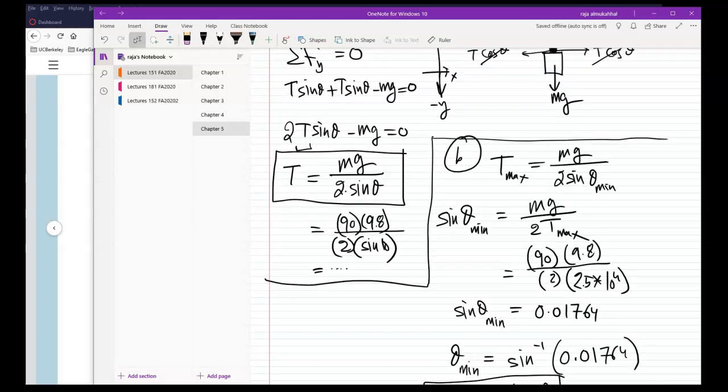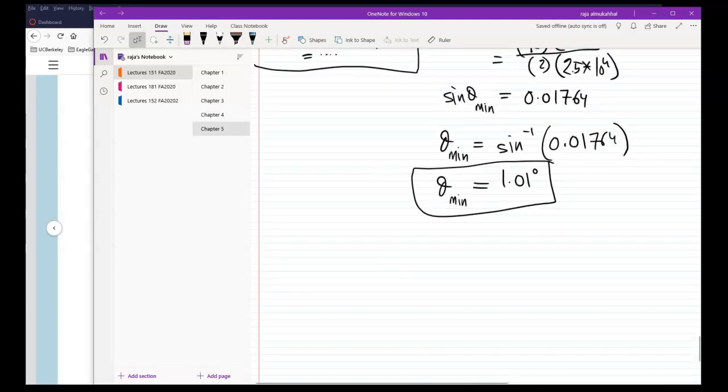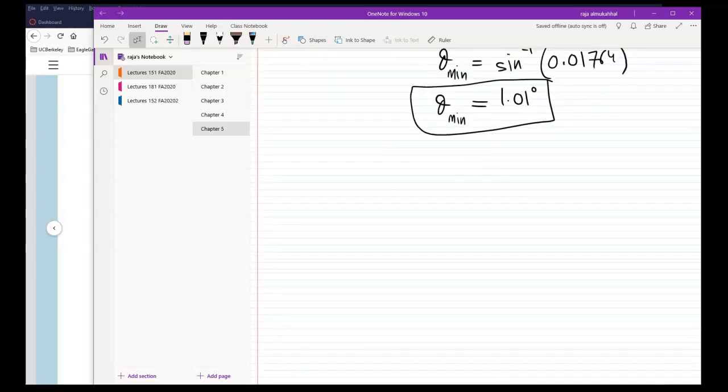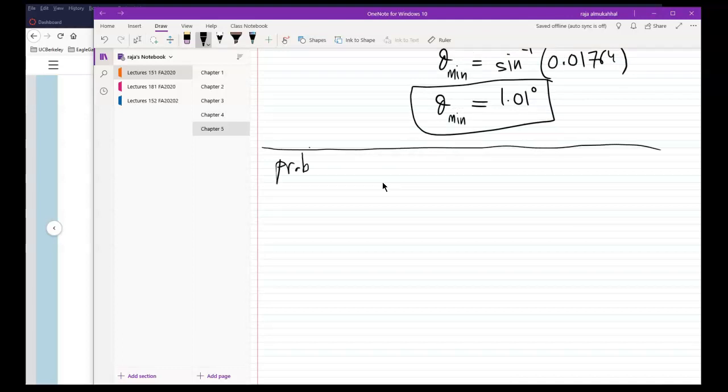Okay, good. The last problem that I want to do is number 40. A little bit long, but it's not difficult. Okay, number 40.